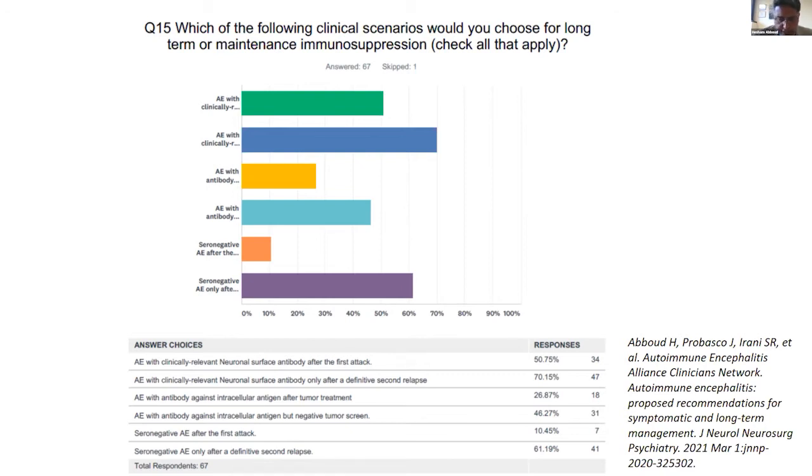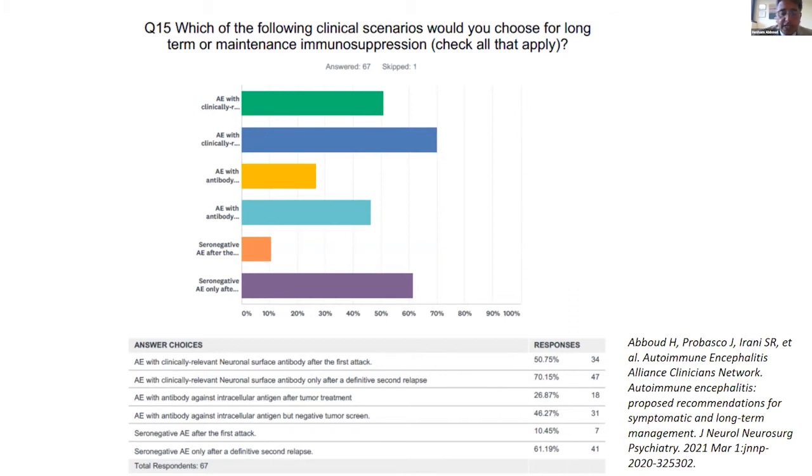And as you can see here in the responses from the members of the Alliance Clinician Network, the one scenario that most clinicians agree they will suppress patients' immunity long term is the scenario in which they have a clinically relevant neuronal surface antibody and already had at least one relapse after the index event. After the second relapse, 70% of clinicians chose to use long-term immunosuppression in this clinical scenario.